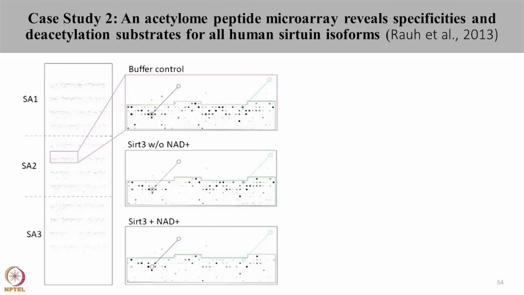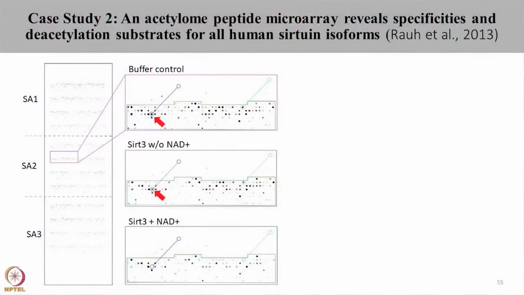So, first in this study, what they have done is they have printed an array. SA represents subarray. These subarrays were treated with buffer control where no sirtuins were used. These arrays were also treated with sirtuins with and without NAD. Since sirtuins need NAD for their activity, there shall be no deacetylation seen when there is no NAD present.